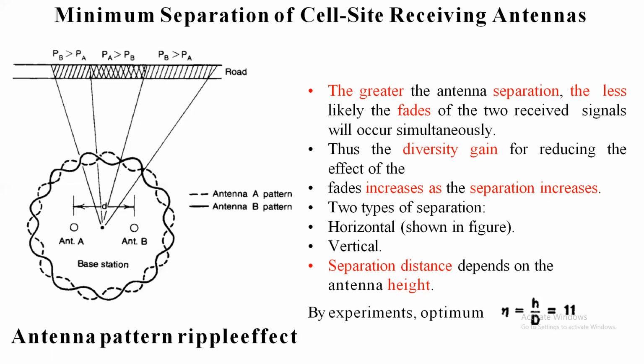And also to check the cell site antennas, the power delivered to the antenna terminal should be measured regularly, and the other method is to measure the voltage standing wave ratio VSWR at the bottom of the tower, right?